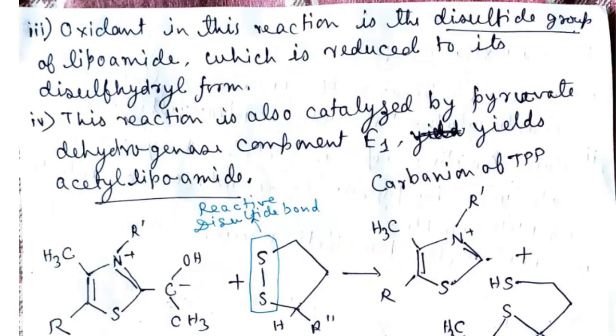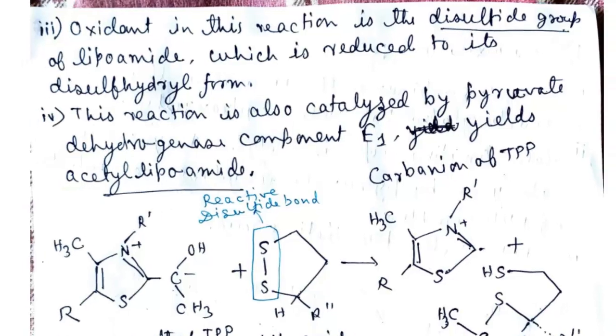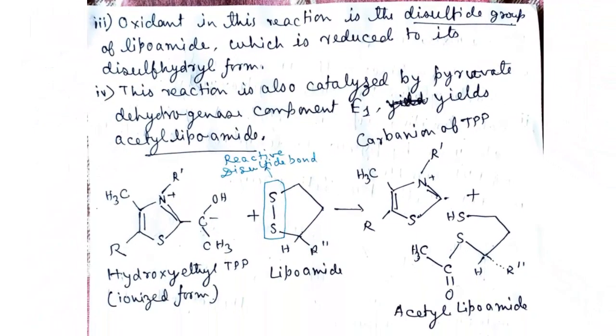Now, the oxidant in this reaction is this disulfide group, that is marked by blue color in the picture. Now, this reaction is also catalyzed by the pyruvate dehydrogenase component, and finally acetyl lipoamide is formed.